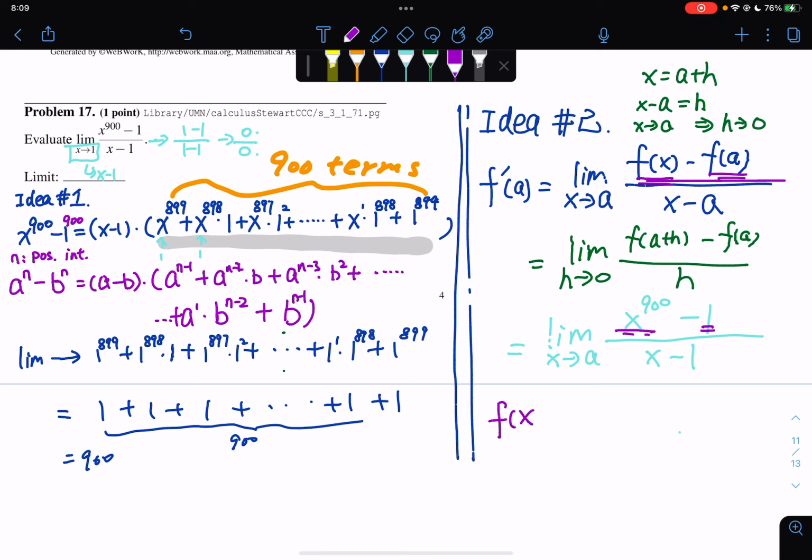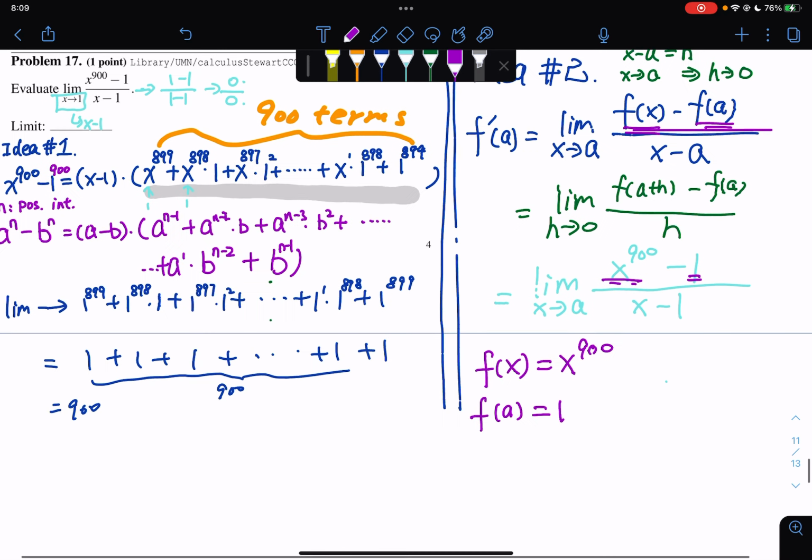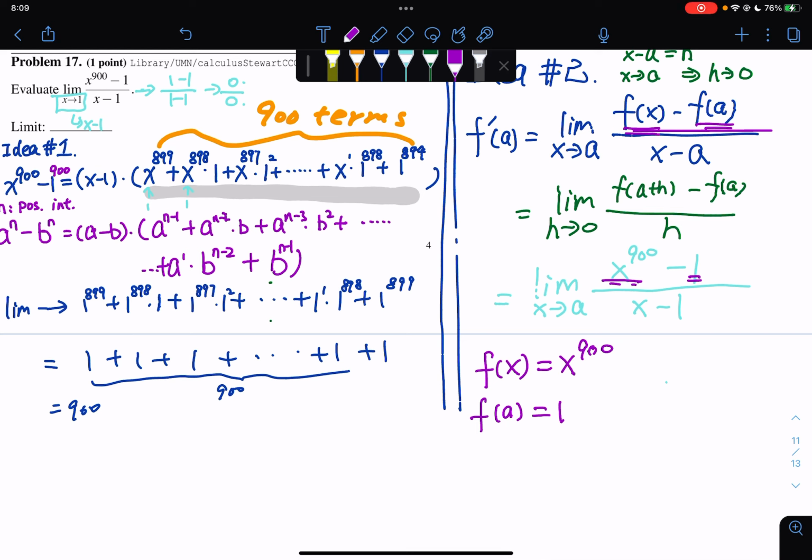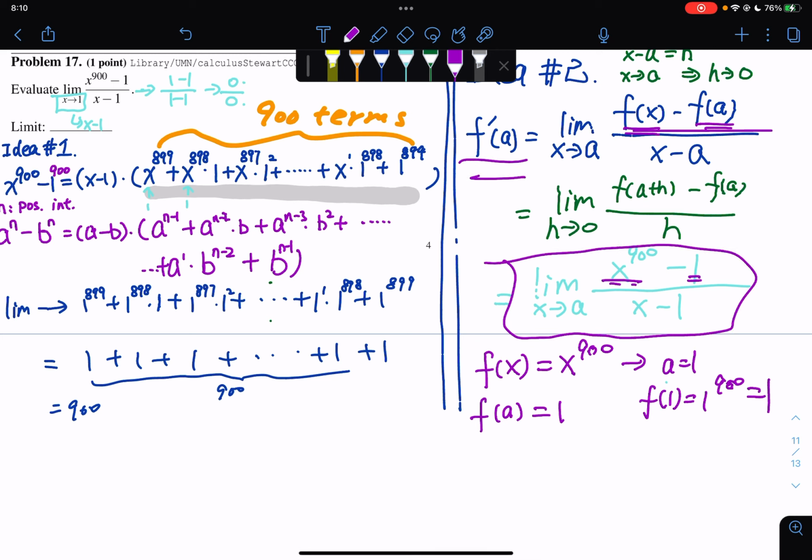Is it possible to have f of x be x to the 900 and f of a be 1? As a matter of fact, we can. All we need to do is let a be 1, then f of 1 is 1 to the 900, which is 1. So yes, this is equivalent to that, given f of x being x to the 900 and a being 1. So the original limit question is equivalent to f prime of 1.